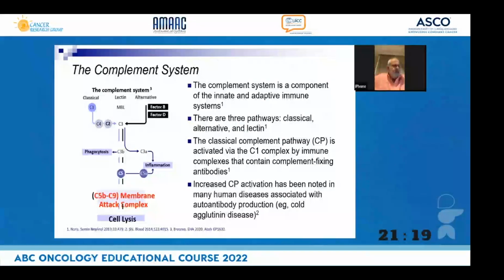The complement system is a component of the innate and adaptive immune system. There are three pathways: the classical, the alternative, and the lectin one. The classical complement pathway is activated via the C1 complex by immune complexes that contain complement fixing antibodies. At the end of the day, it results in an attack on the membrane of the platelets and subsequently to cell lysis.